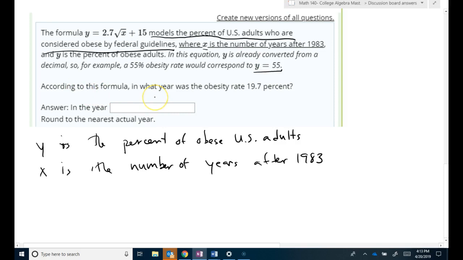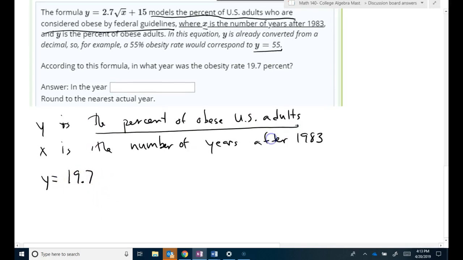According to this formula, in what year was the obesity rate 19.7%? So that's y equals 19.7, because y is the percent of obese U.S. adults. Then I'm just going to solve for x to get the number of years after 1983. And then we're going to do something with it real quick afterwards.